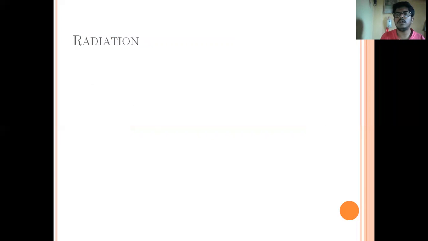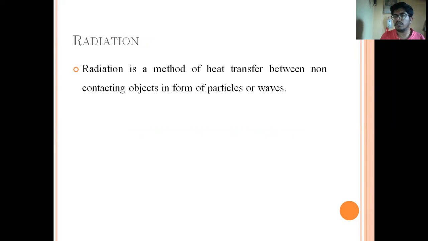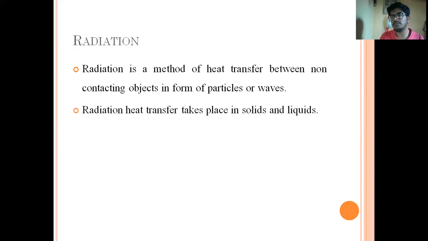Next, I'm explaining radiation. What do you mean by radiation? Radiation is a method of heat transfer between non-contacting substances or objects in the form of particles or waves. So that is the definition of radiation. The radiation mode of heat transfer can be seen in solids and liquids but cannot be seen in gases.